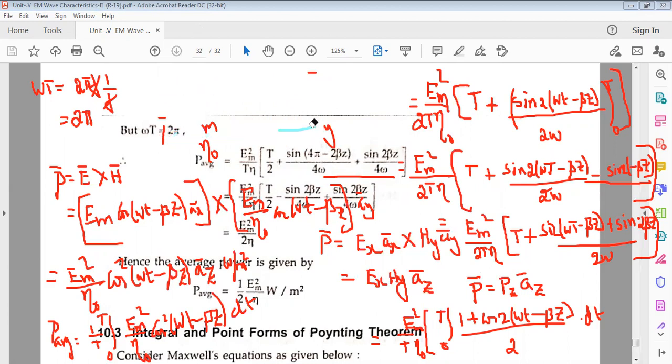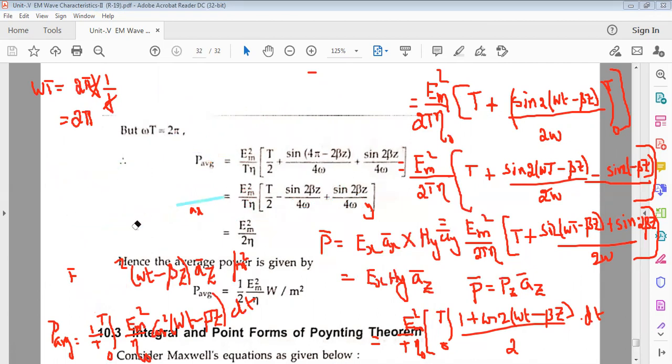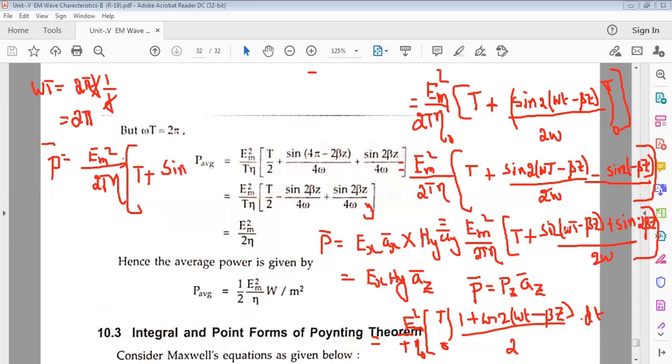Simplifying the function, P bar is equal to Em square by 2 T eta, whole multiplied with capital T plus sine of omega T, which now becomes 2 pi, minus beta z, plus sine 2 beta z, whole divided by 2 omega.